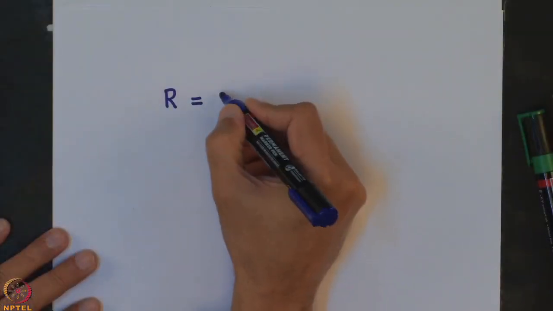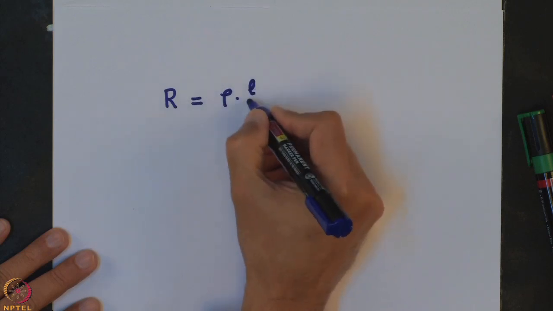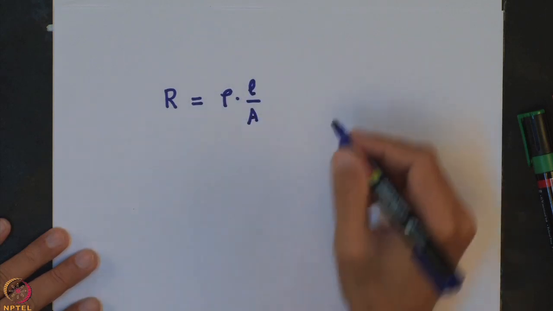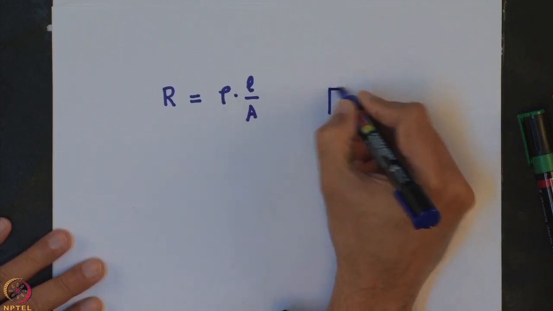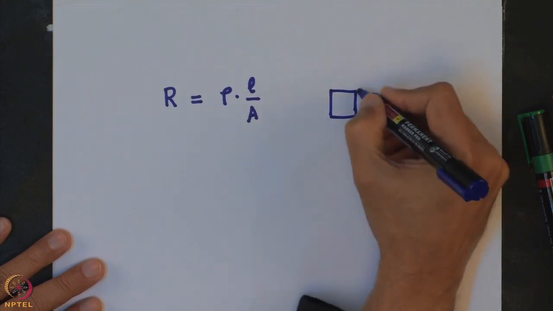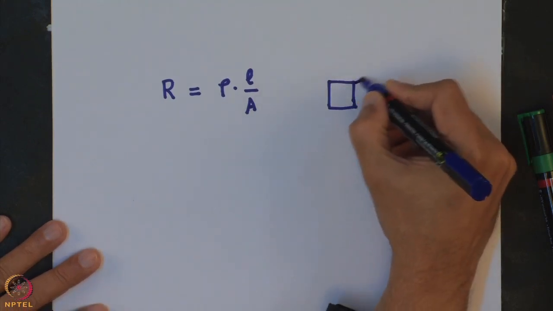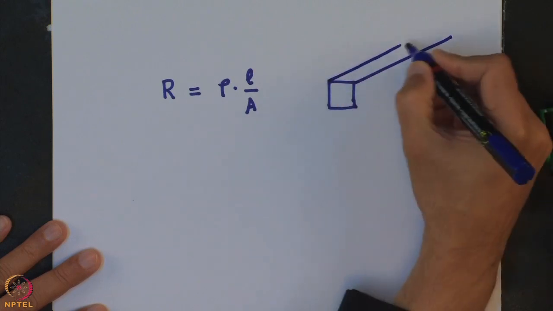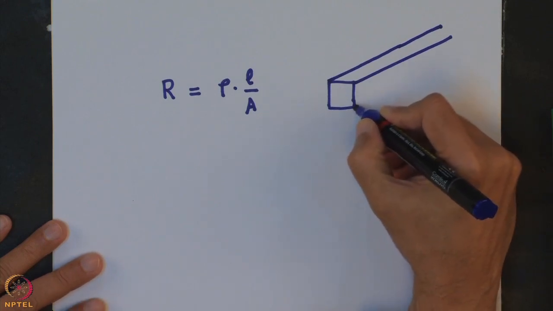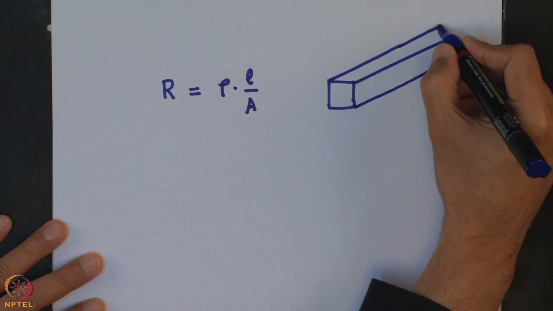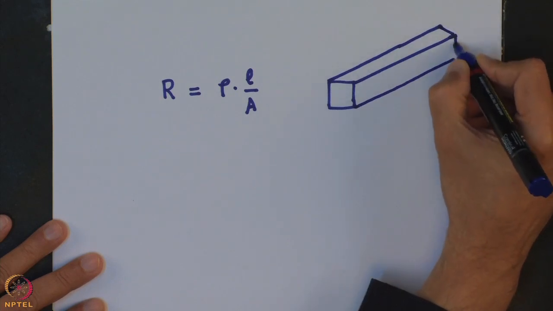Now, let us just see the definition of the resistance for a minute. R is equal to rho L over A, where I have just assumed that it is a rod, let us say made up of some metal or maybe some other material, semiconductor or maybe an insulator, I do not know.